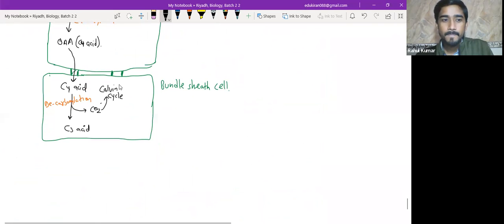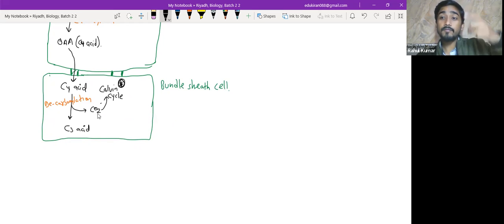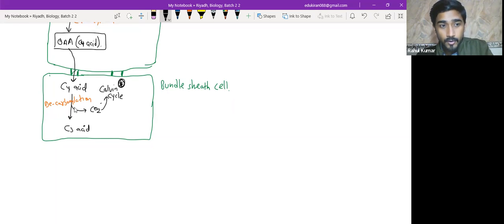So I'm making a star here, okay? This is where the Calvin cycle is happening. And the CO2 which we got from outside, we just converted into OAA because we wanted it to be transported into the bundle sheath cell, where we can decarboxylate and get CO2 back. And we can still do it because we have not used any ATP till now, right?